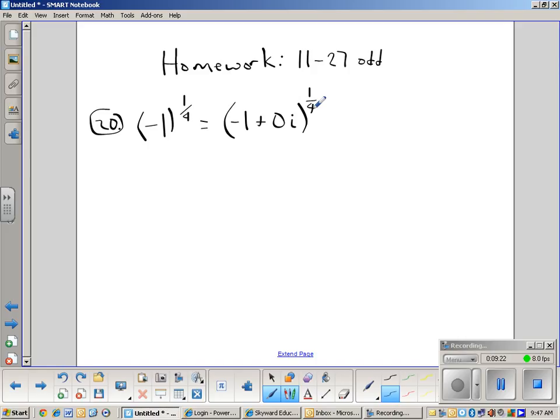Okay. So r is going to be the square root of -1 squared plus 0 squared, which is the square root of 1, or 1. Theta is the inverse tan of 0 over -1. When is tangent equal to 0?